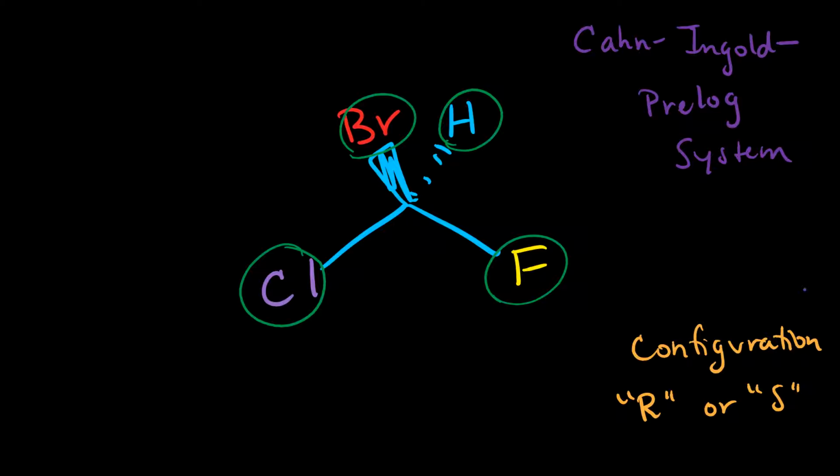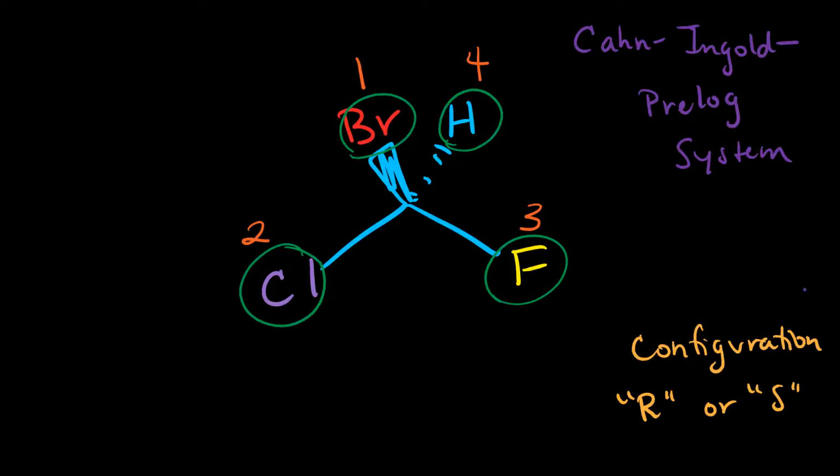So the higher the molar mass, the higher priority it gets in this system. So the highest molar mass between these four atoms that are circled is going to be bromine. So it's going to get priority 1. Chlorine is going to be priority 2, fluorine is 3, and hydrogen, of course, is 4.